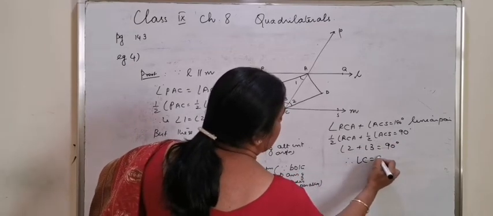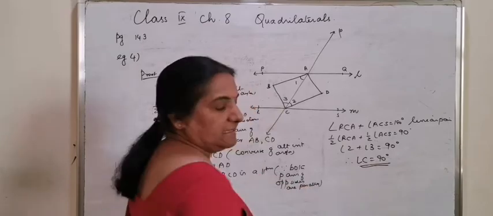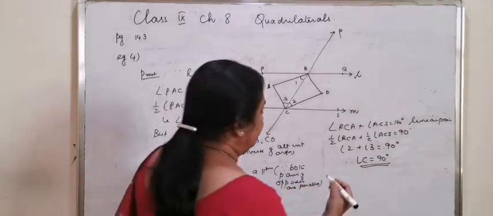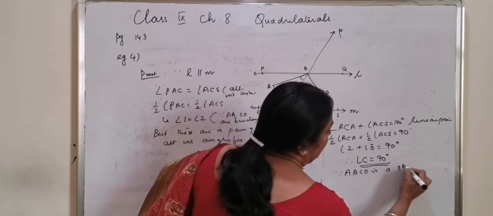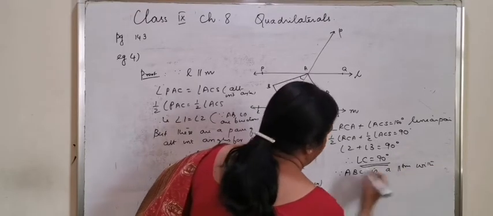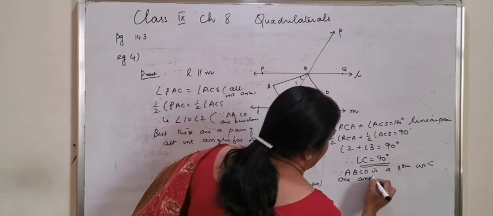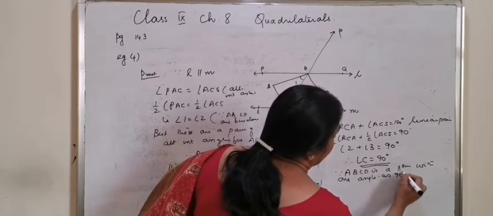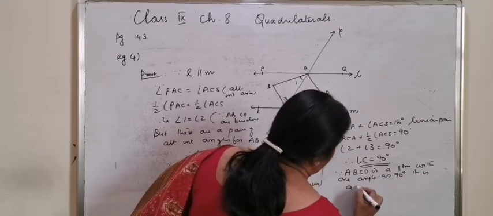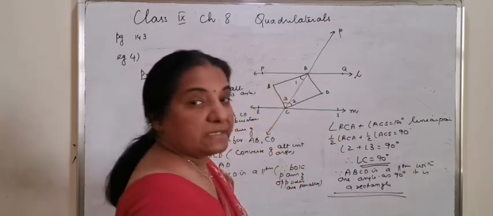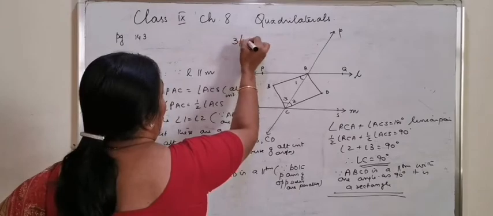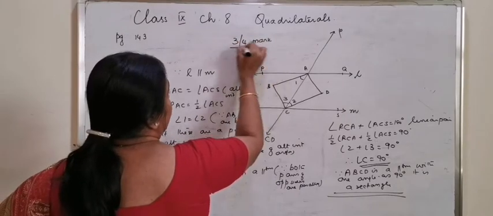Therefore, angle C is equal to 90 degrees. How do you give the conclusion? Since ABCD is a parallelogram with one angle as 90 degrees, it is a rectangle. Mark it as an important 3 or 4 mark question.